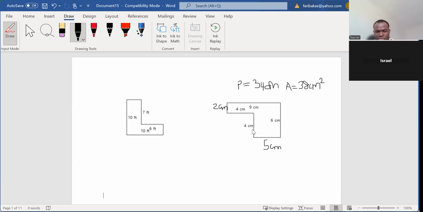So 4 centimeters plus 4, that's 8. Plus 2, 10, plus 9 is 19. 19 plus 6 is what? That's 25. 25 plus 5 is what? 30. So how did you get 34?